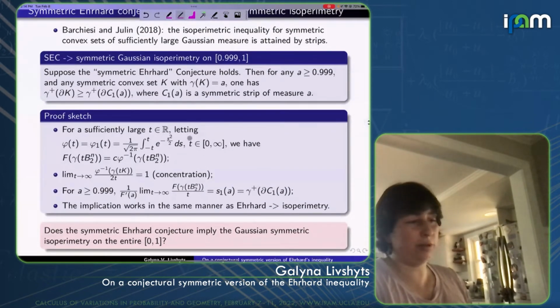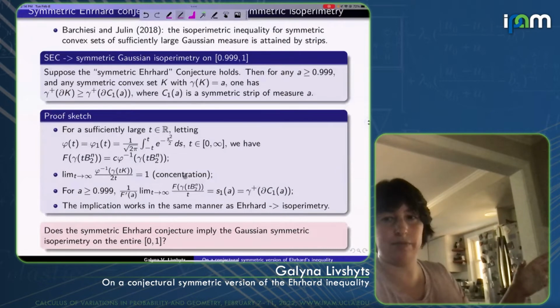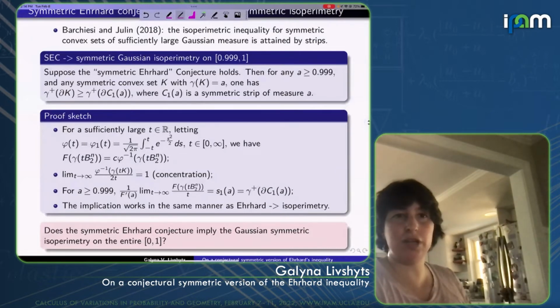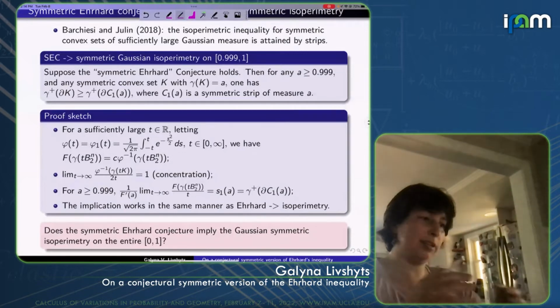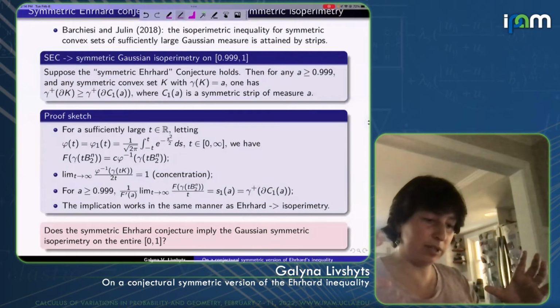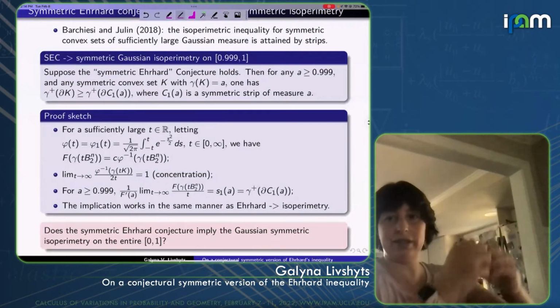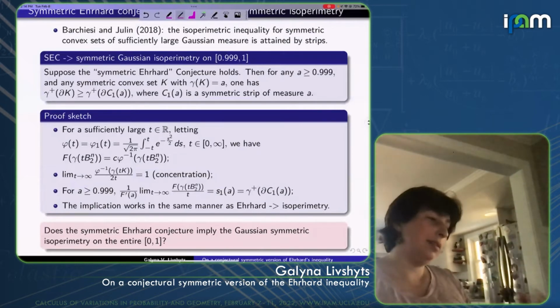So the proof sketch I'm not going to focus on. It's very similar to the proof of Ehrhard inequality. Unfortunately, one cannot do such a thing in general. In the case of Ehrhard inequality, we were letting the little balls that we were adding go to infinity.